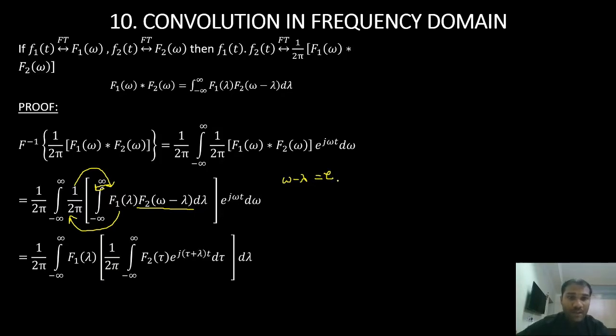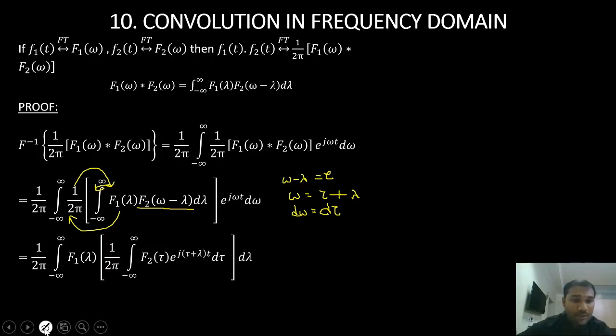Omega minus lambda is tau. Now omega is equal to tau plus lambda, right? So d omega is equal to d tau.